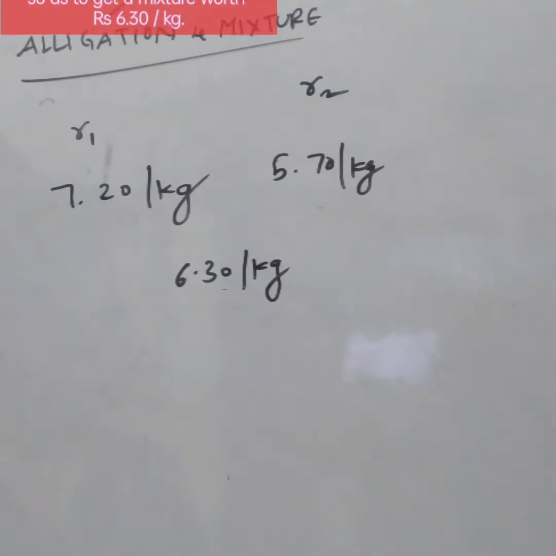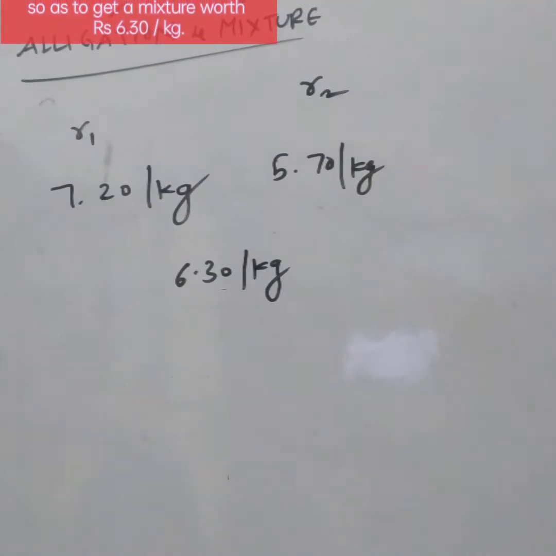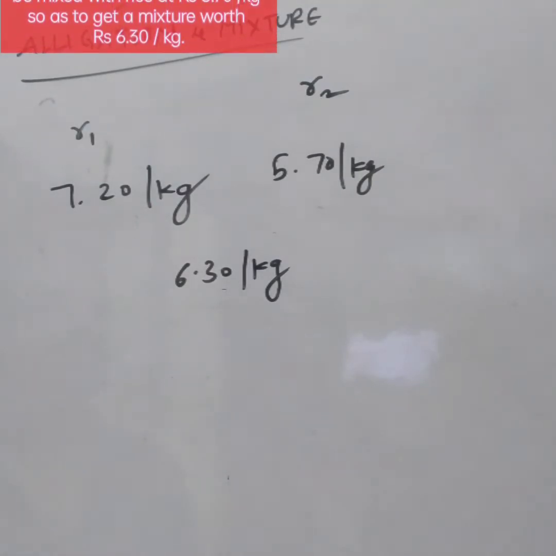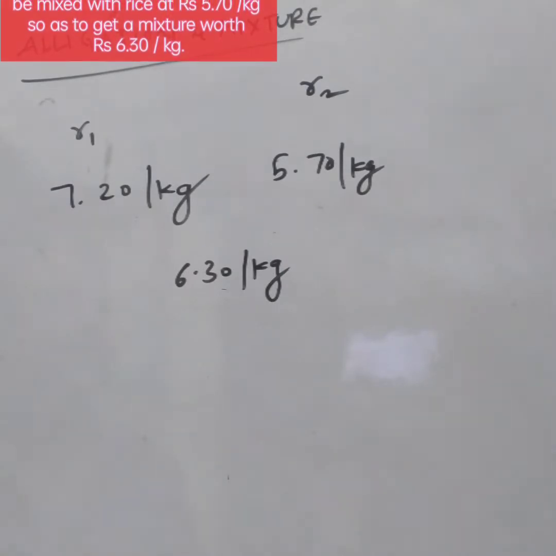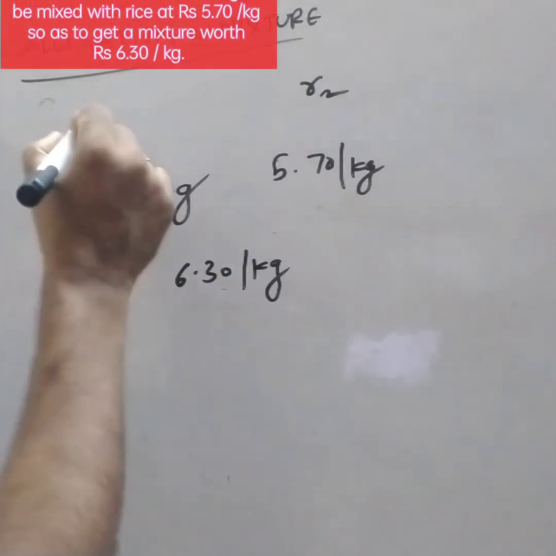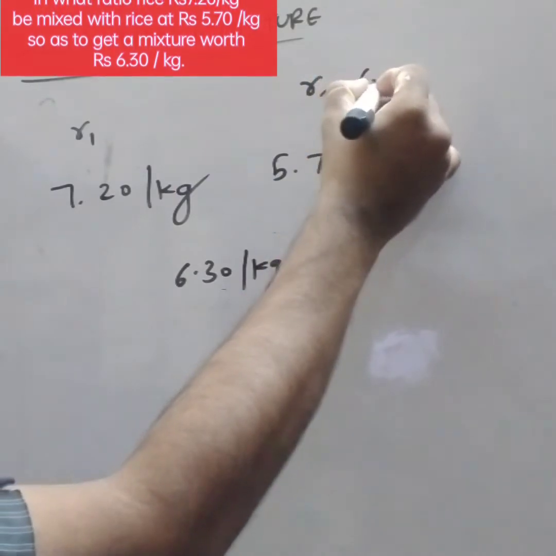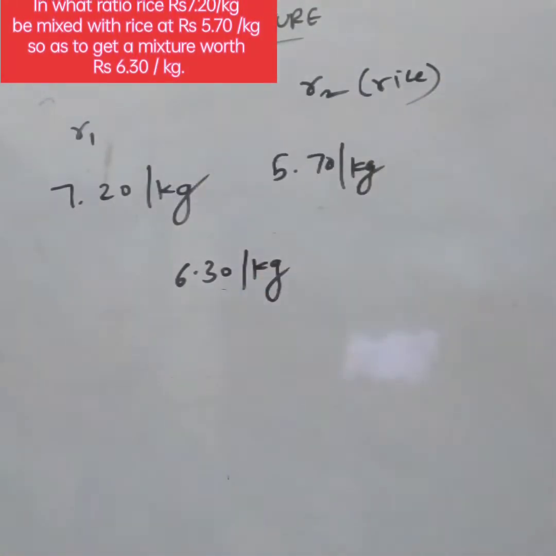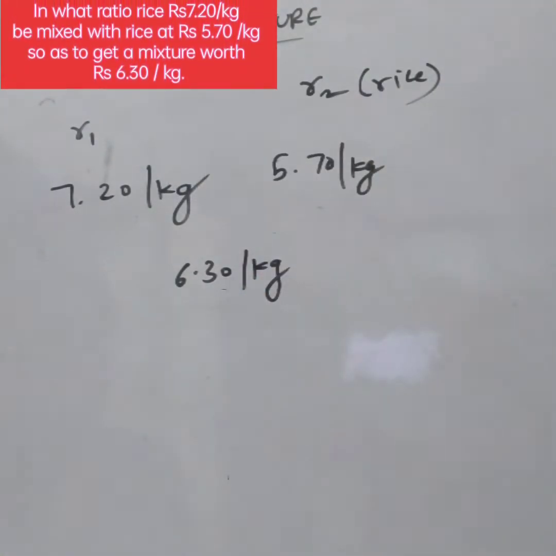Hope it's clear now. In what ratio must rice at 7 rupees 20 paise per kg be mixed with the second quantity of rice at 5 rupees 70 paise per kg, so that the mixture is sold at 6 rupees 30 paise per kg?